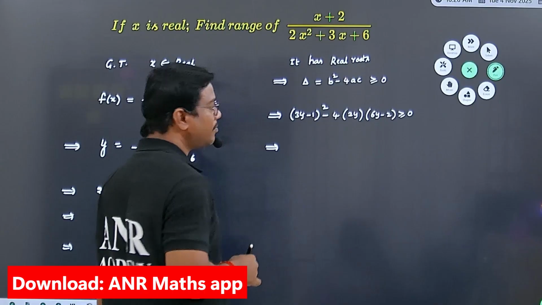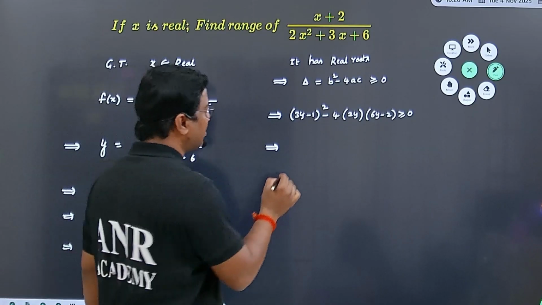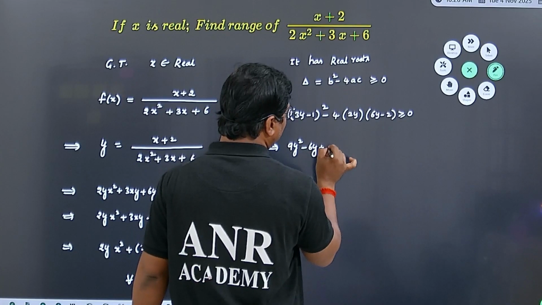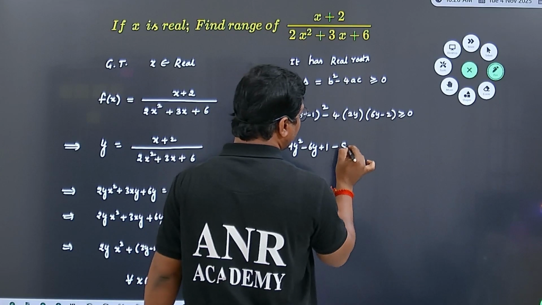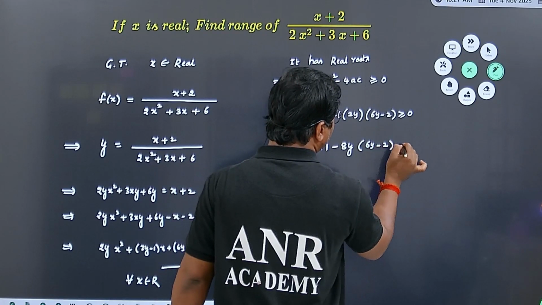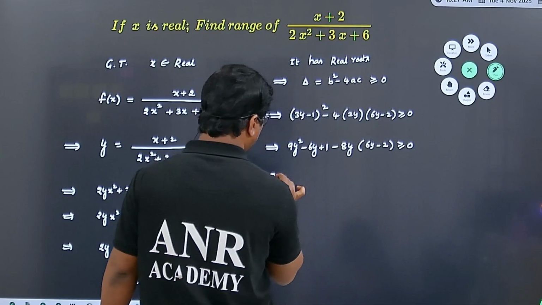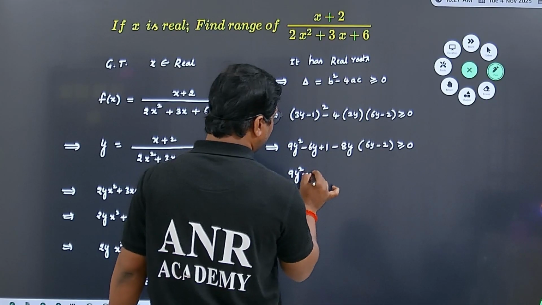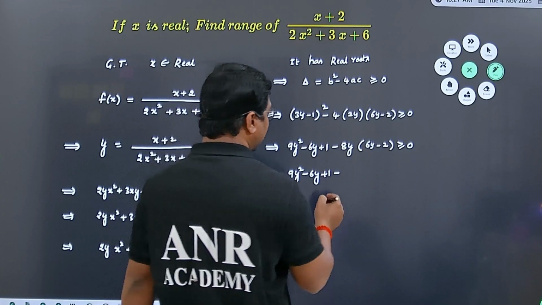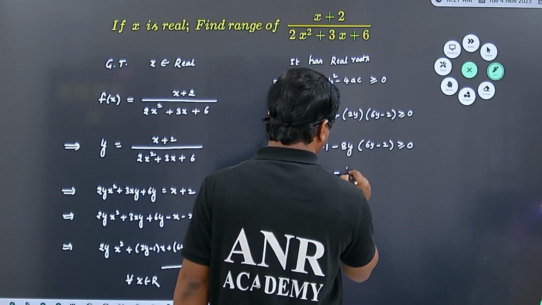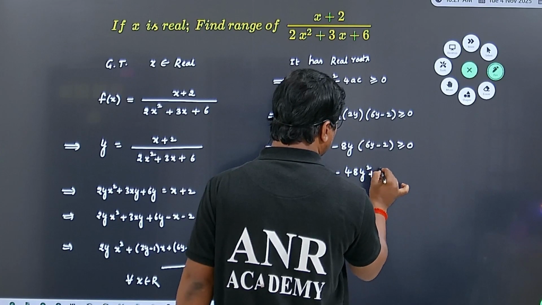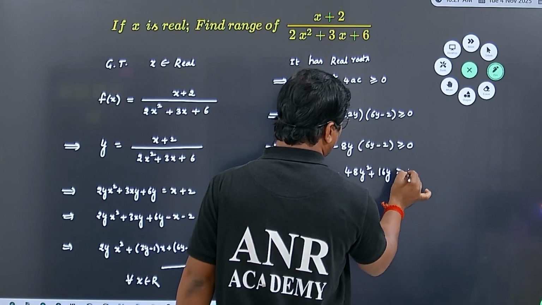Implies, expand this, we get 9y square minus 6y plus 1, and product of these two 8y multiplied by (6y minus 2), which is greater than or equal to 0. Implies we get 9y square minus 6y plus 1, 8 into 6, 48y square, next minus into minus plus sign, 16y greater than or equal to 0.